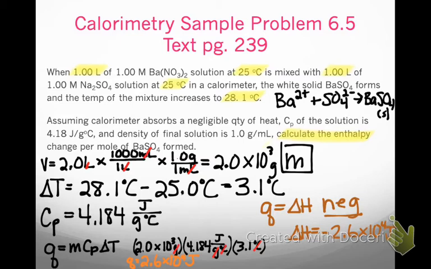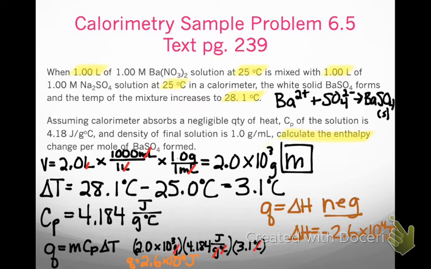Again, that's because delta H for this system, because it's exothermic, is negative. If it were endothermic, then we would keep delta H positive, because endothermic delta H is positive. So I just wanted to make that distinction there.